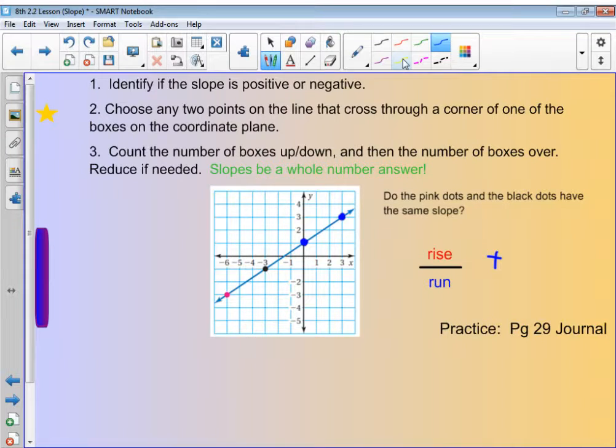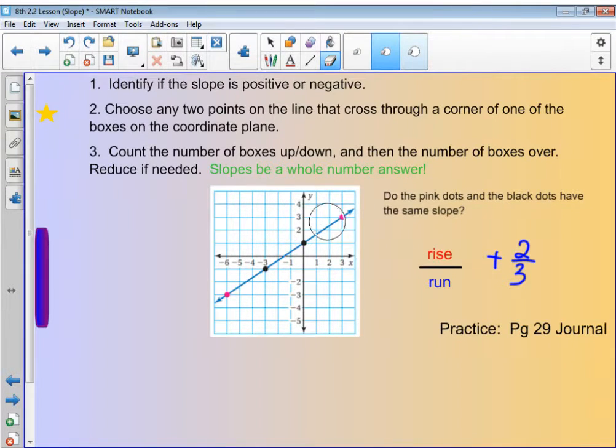Okay, so if I pick these 2 points here, I'm going to do the rise over the run. The rise was 1, 2 boxes, so that's my top number. The run was 1, 2, 3 boxes over to get to the other point. So I get a positive 2/3 for my slope. Let's pick 2 other ones.